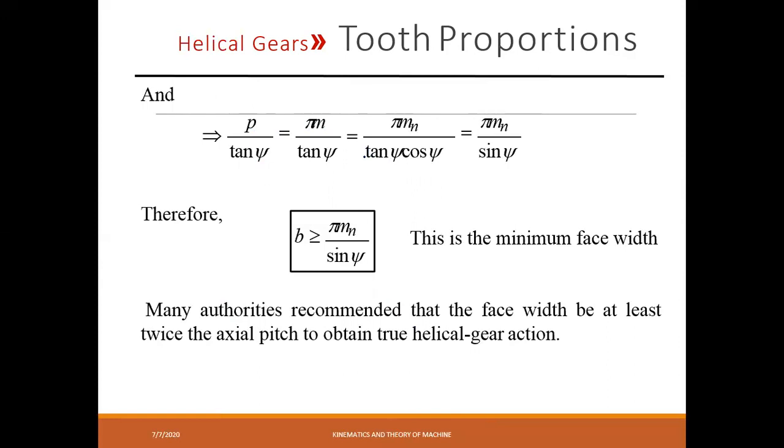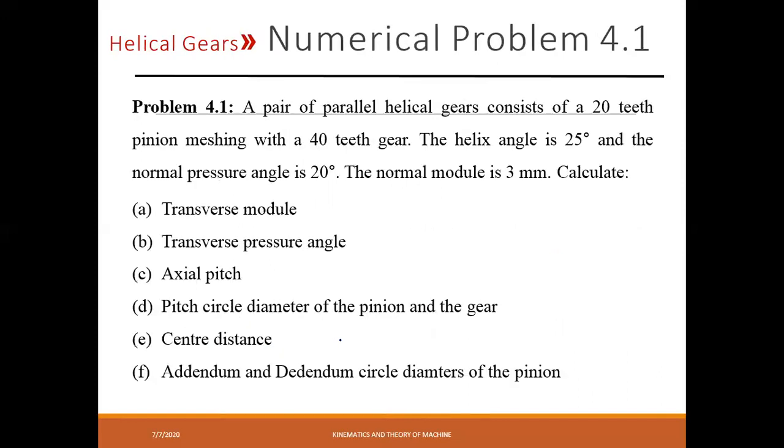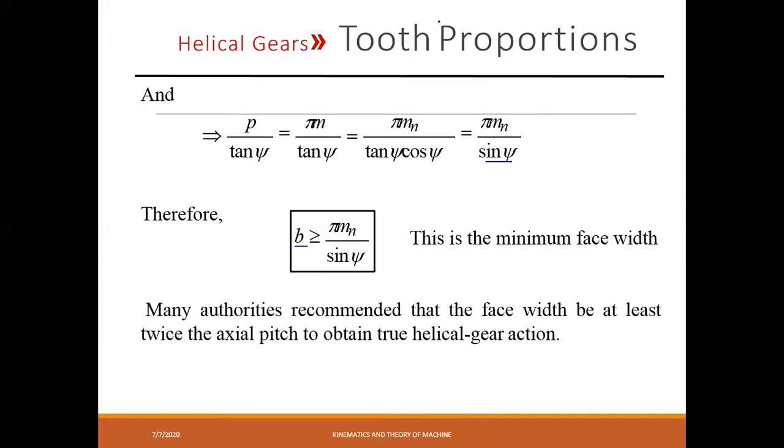The multiplication of tan psi into cos psi is equal to sin psi. Therefore, the value of B should be greater than or equal to pi mn upon sin psi. This is the minimum face width. Many authorities recommend that the face width be at least twice the axial pitch to obtain true helical gear action, so we normally take twice the axial pitch whenever we design a helical gear.